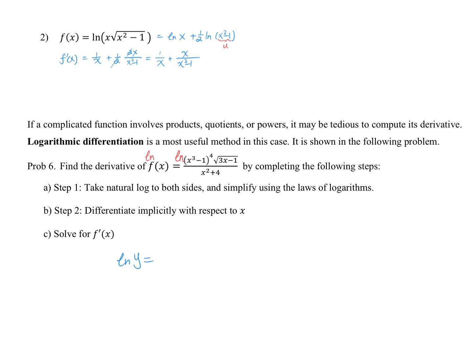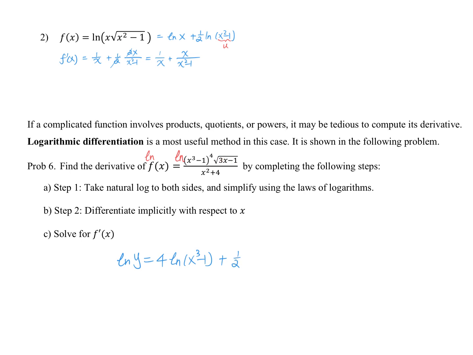So therefore the right hand side becomes ln x cubed minus 1, and this exponent 4 can be written in the front. The next one will be positive sign, and the square root becomes exponent 1/2, which can be pulled to the front.